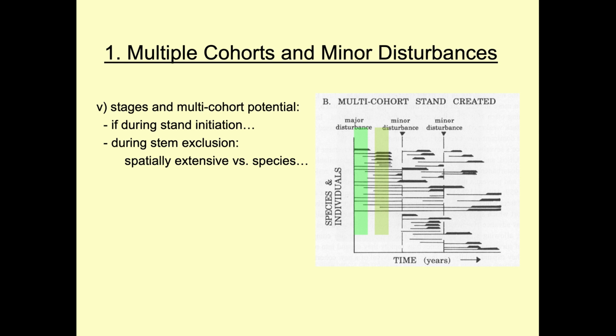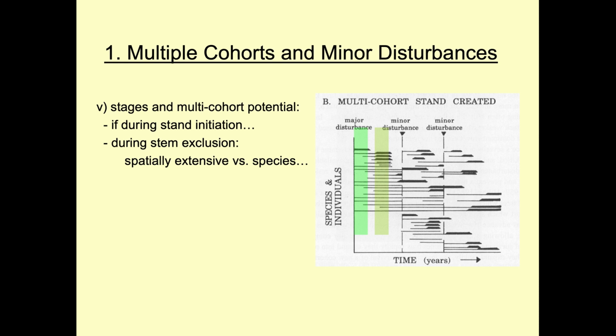However, if minor disturbances that are species specific roll through that area, this is not going to result in a multiple cohort, because a species specific minor disturbance is going to kill just those small trees, and those small trees that are removed are quickly going to be filled in by the crowns of adjacent trees.